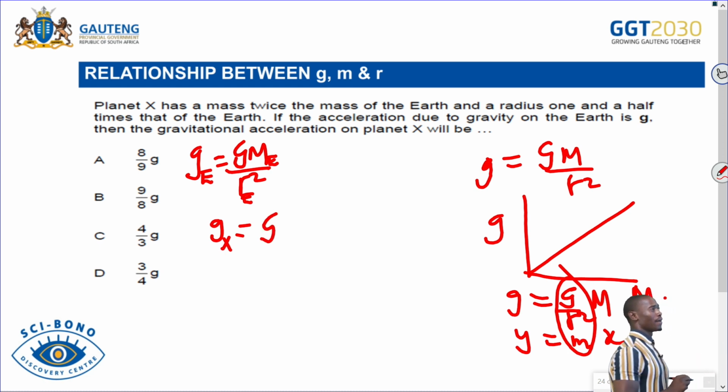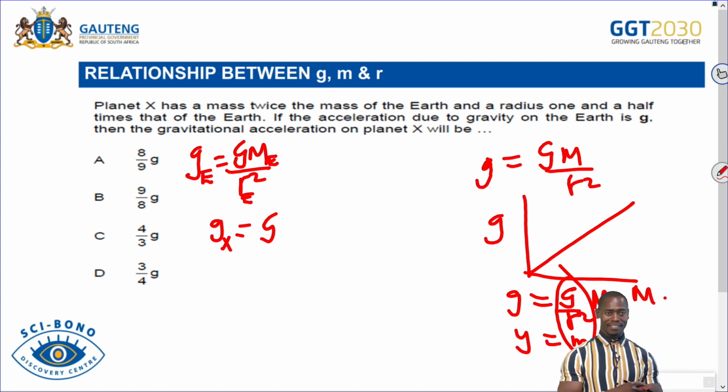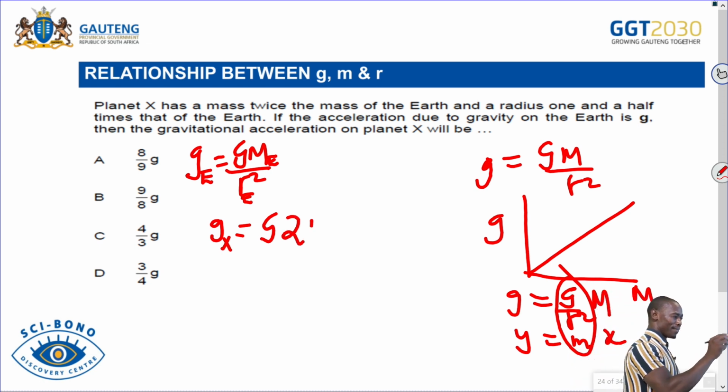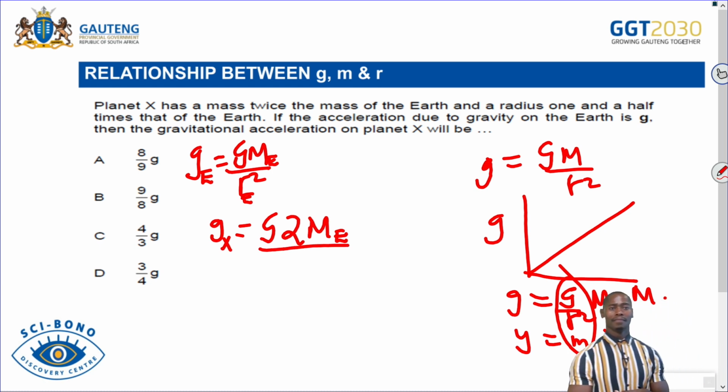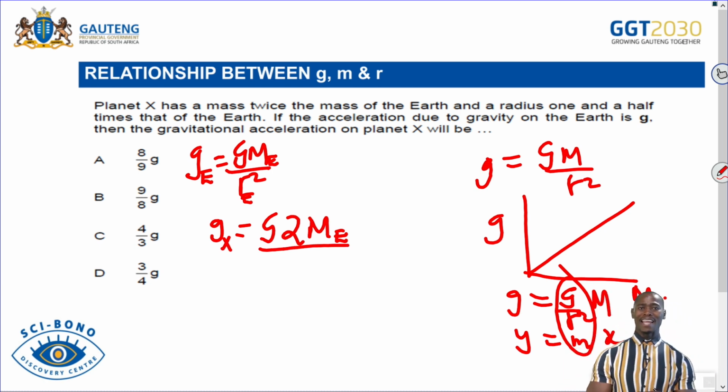We are told that planet X has a mass twice the mass of the Earth. So it will be twice the mass of the Earth over the radius 1.5, right?